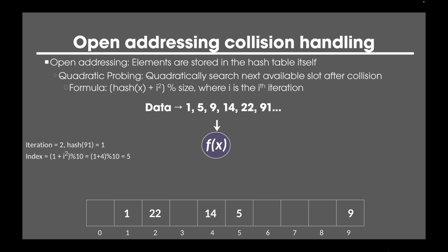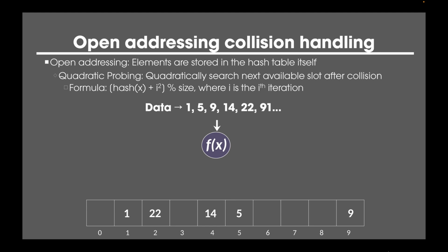For the iteration 2, index can be calculated as 1 plus i square modulus 10. Here i equals 2, that is the second iteration, and hash for the 91 remains 1. This calculates as fifth index. Again, for the fifth index, we have collision.